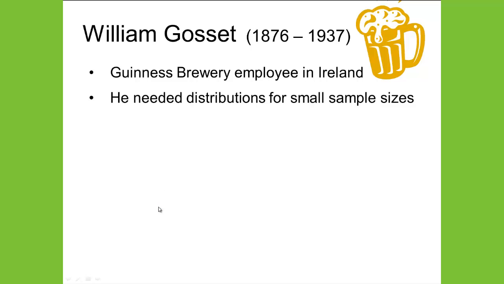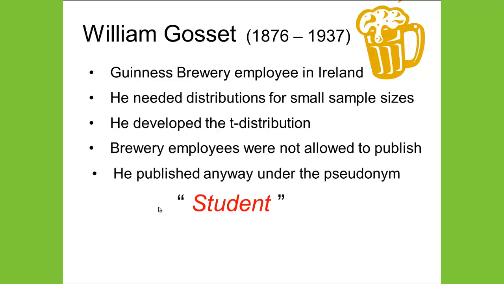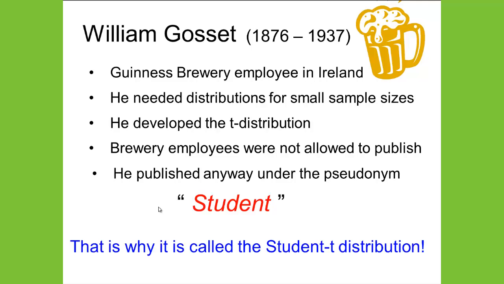He needed distributions for small sample sizes, which is what we use this distribution for. He developed the t-distribution, and as a brewery employee, he was not allowed to publish. So he published anyway under the pseudonym Student, and that is why it is called the student t-distribution.